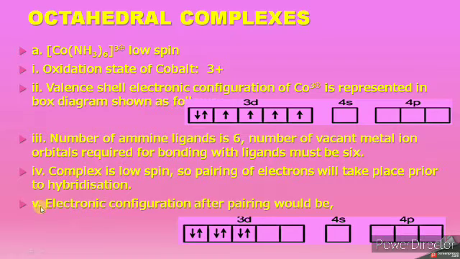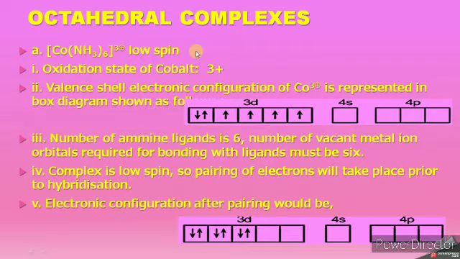So what is the name? There are 6 NH3, so hexaammine. Ammonia is neutral, so the overall charge on the complex is the oxidation state of cobalt, so cobalt is 3 plus. So the name is hexaamminecobalt(III) ion. The oxidation state of cobalt is 3 plus. The atomic number is 27.